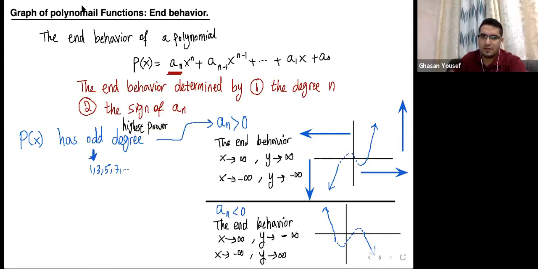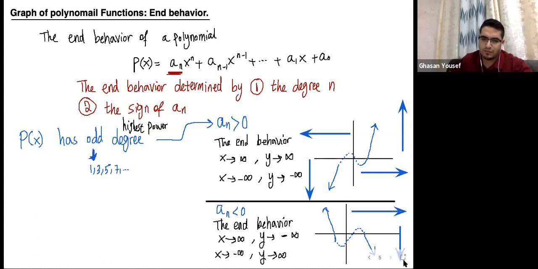As we see here, when x becomes larger and larger, goes to infinity, the y value becomes smaller and smaller, goes down.